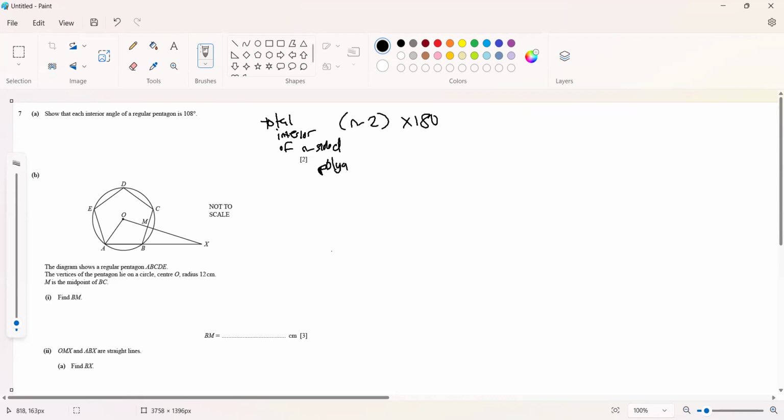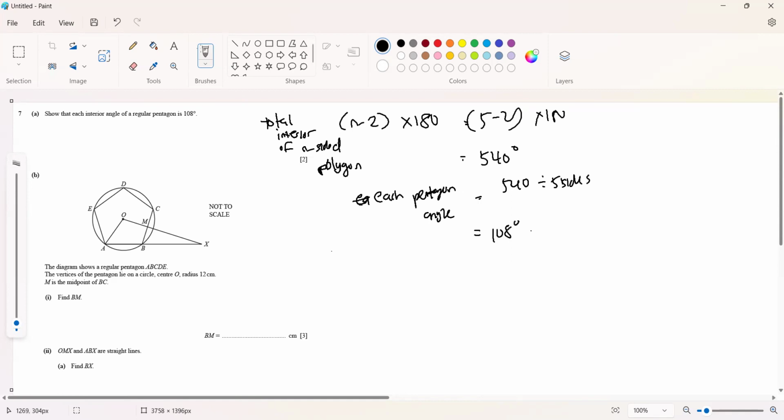So from here, this would simply be 5 minus 2 times 180. That would give you 540 degrees. So each pentagon angle equals to 540 divided by 5 sides. So that would be 108 degrees, as required.